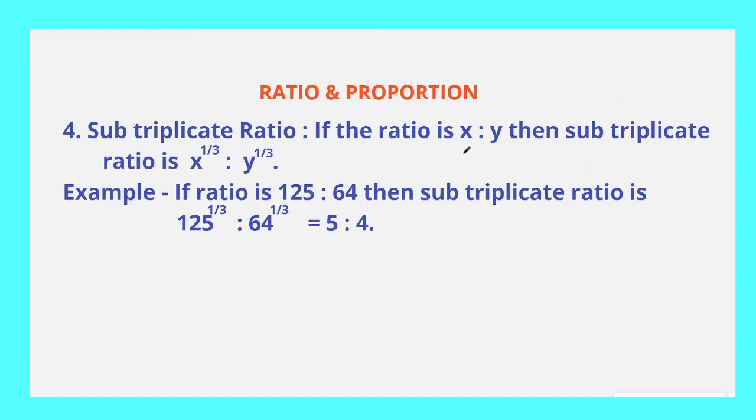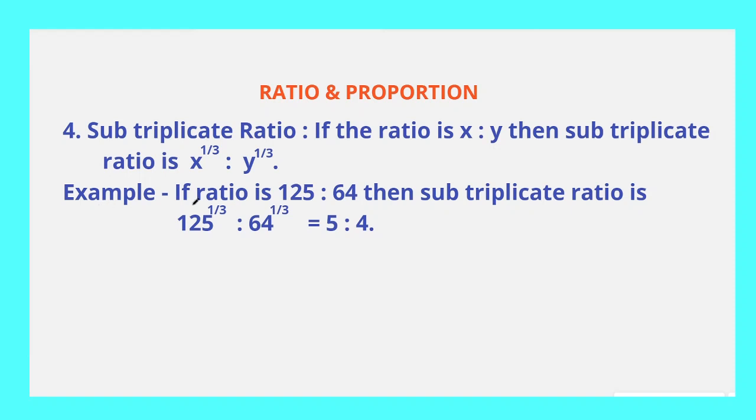Type 4, sub-triplicate ratio. If the ratio is x/y, then sub-triplicate ratio is x to the power 1/3 ratio y to the power 1/3, or cube root of x ratio cube root of y.